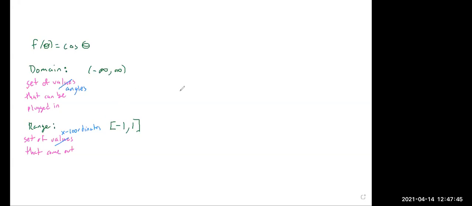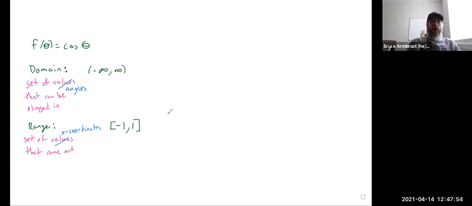All right, so there's the domain and range of cosine. I got a question, Bruce. Sure, go for it. Is the reason I use parentheses versus brackets because one of them is an estimated value and the other one's an exact value? No. Whenever we do intervals, brackets mean we include that endpoint. So the range includes the values of -1 and 1.